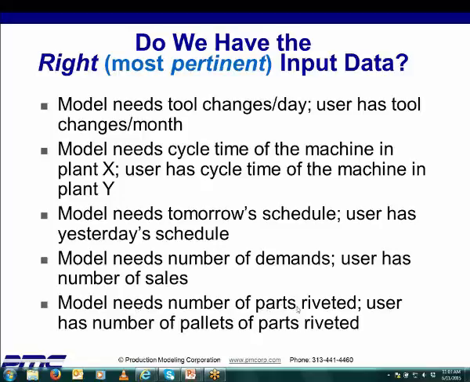Model needs number of parts riveted, and the user has number of pallets of parts that came in to be riveted. Oh, that's easy. You just divide by the number of parts on a pallet. Well, maybe it's not so easy. Maybe the number of parts on a pallet can vary with the size of the parts, or how vigorously the worker putting the parts on the pallets works, or how heavy a pallet he's willing to roll around.